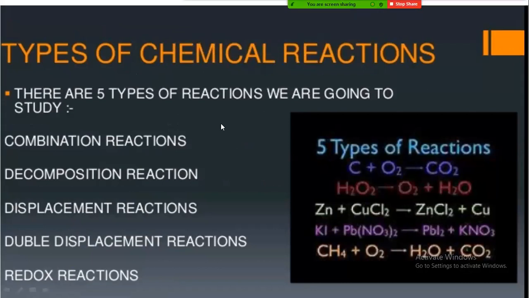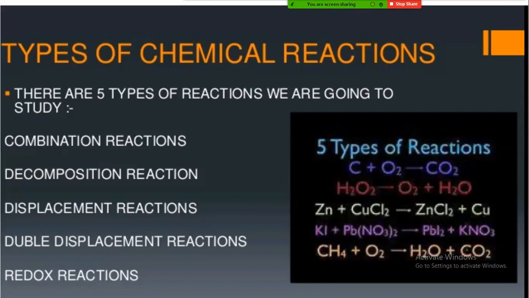So we move on to the next part, which is different types of chemical reactions. Because there are n number of chemical reactions happening around us, to study them in a better way, to understand them in an easier and more fluid way, they have been classified into different types of reactions.